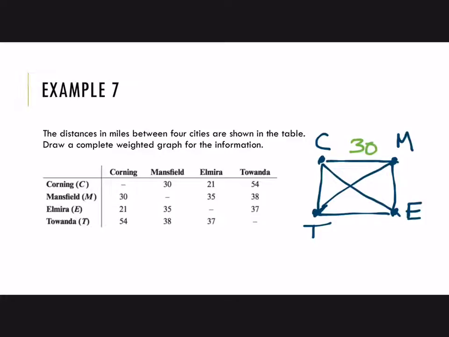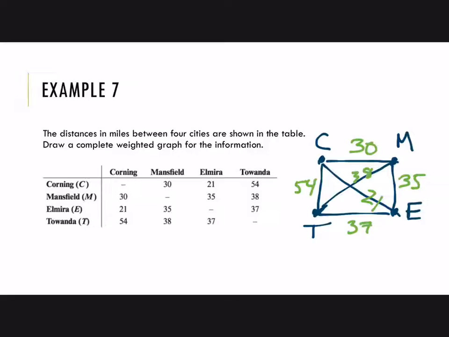Mansfield to Elmira is 35 miles. Elmira and Towanda are 37 miles apart. Towanda and Corning, that's 54. Towanda and Mansfield is 38. And Corning and Elmira is 21.